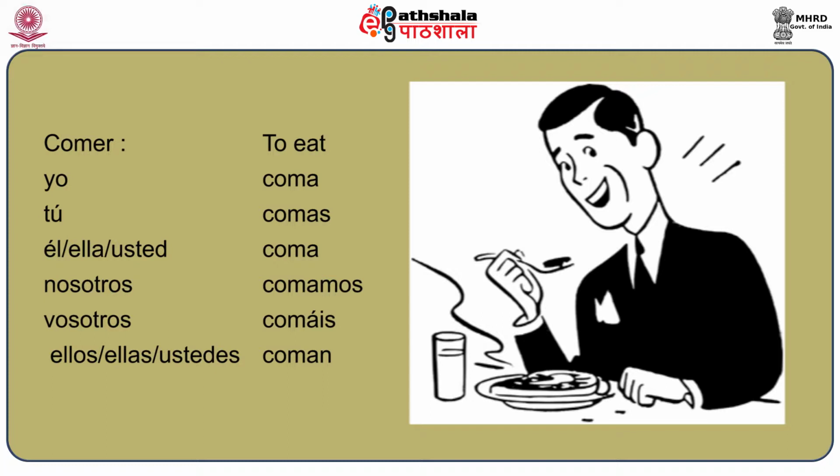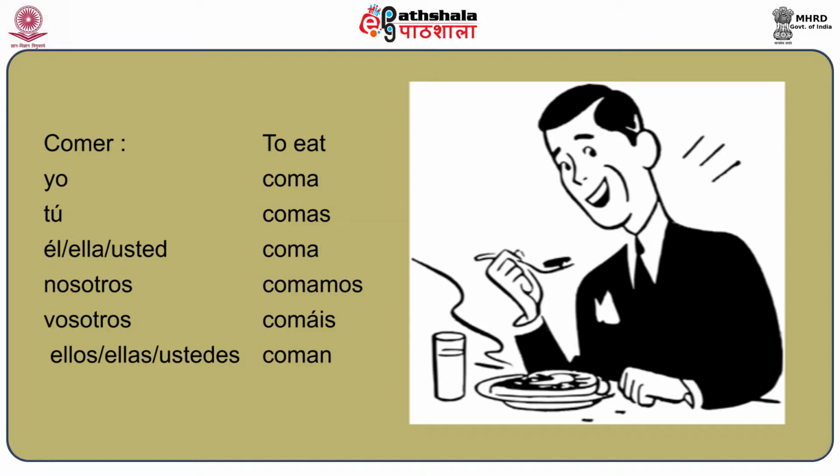The first form of comer in the present indicative is como. In step 2, we take off the final o of the yo form, and we have to add now the AR ending verb patterns to the stem com.